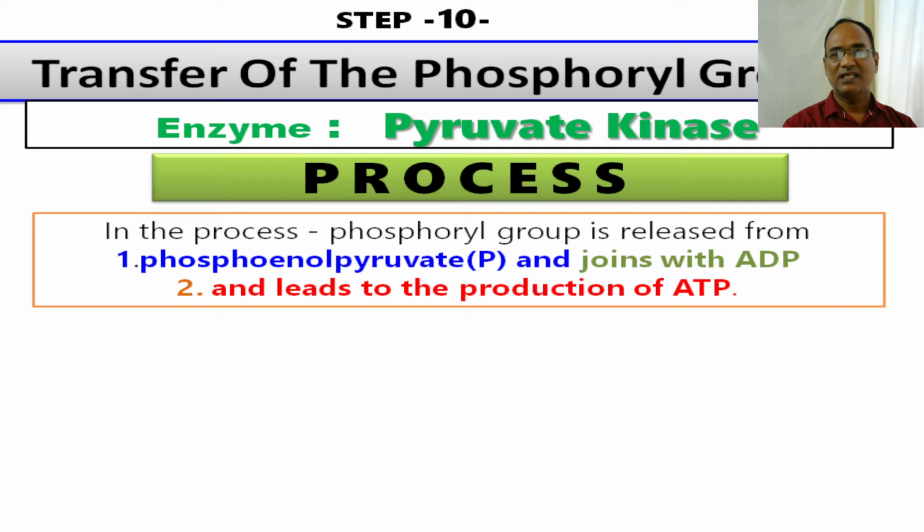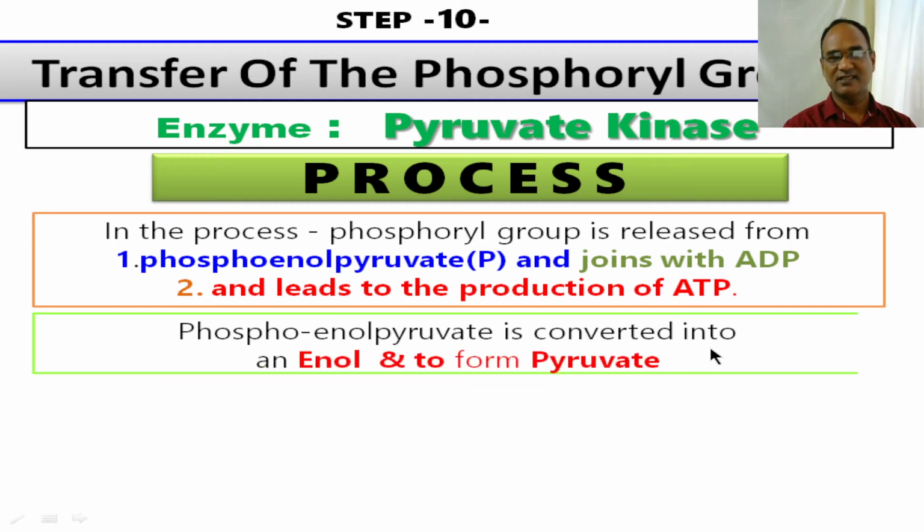So this is the second energy yielding phase, where the adenosine diphosphate combines with one phosphate and makes ATP. ATP is released in this stage, so we can call it an energy yielding phase. In the 10th step, the phosphoenol pyruvate is converted into enol and then forms pyruvate.